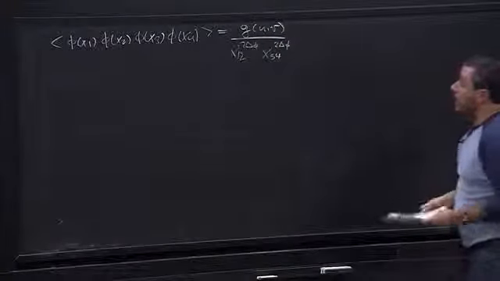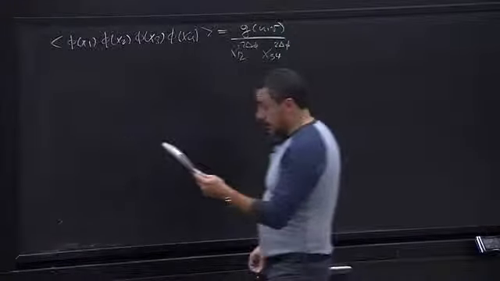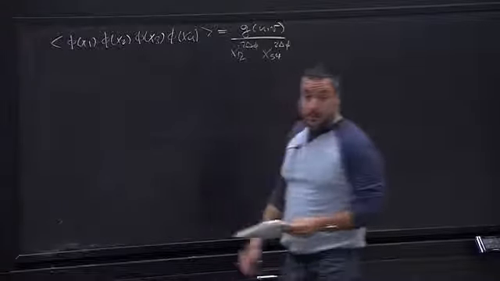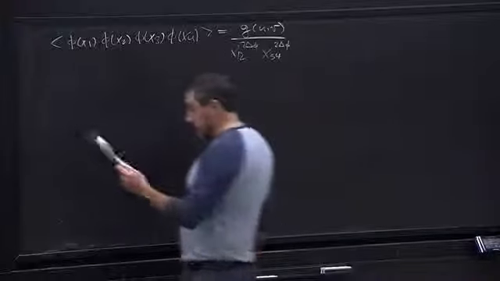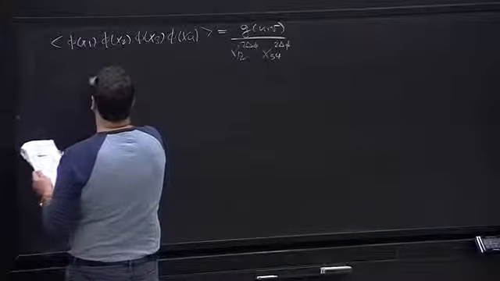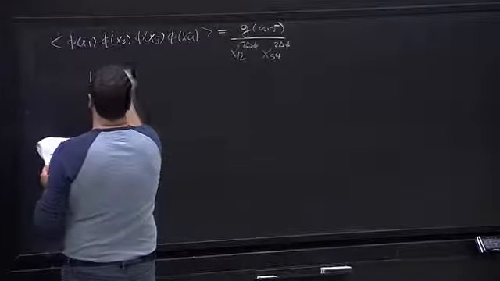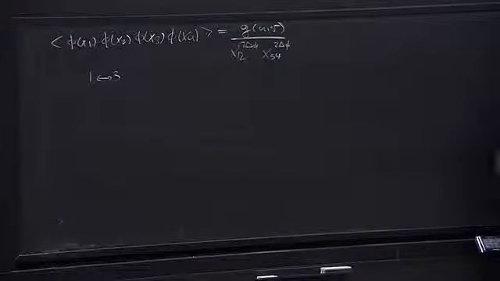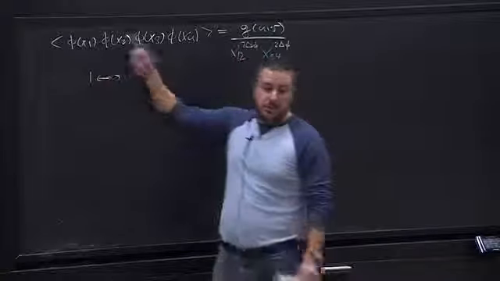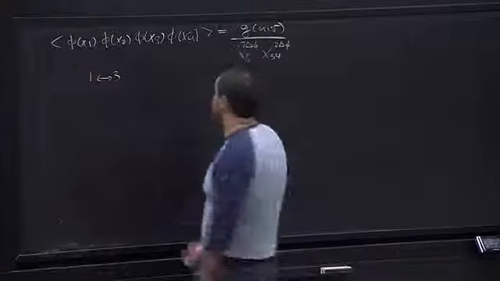Now, these are 4 identical operators. So just by Bose symmetry, it means that the answer should be invariant if I exchange 1 and 3. The correlator is totally symmetric under the permutation of any of the positions of these operators.